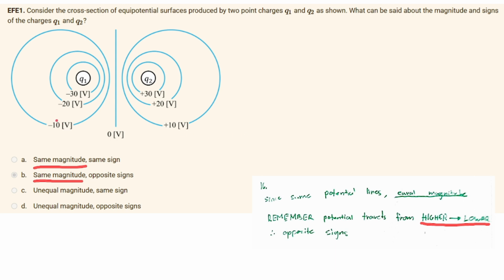So from higher to lower, negative 10 to 30, and this one's also higher to lower. So we can see that these two have opposite signs. This one is the negative, this one is the positive. Therefore, opposite signs.